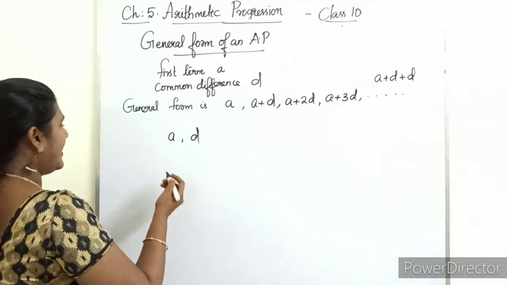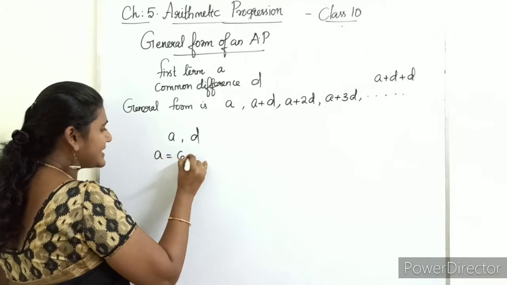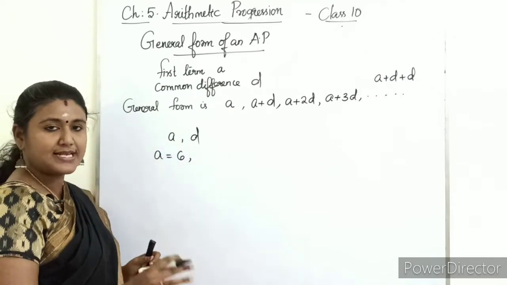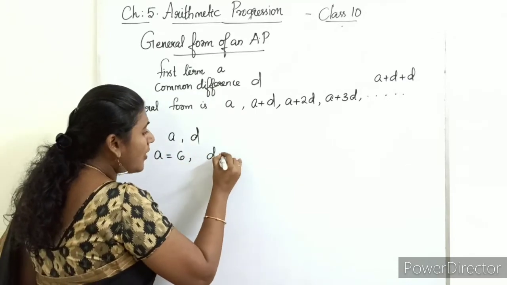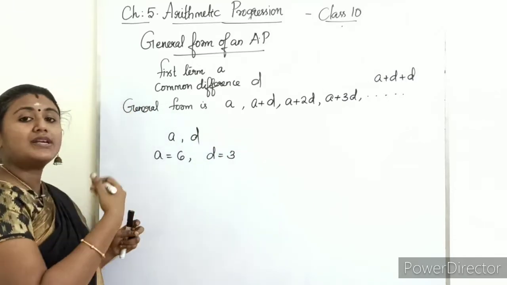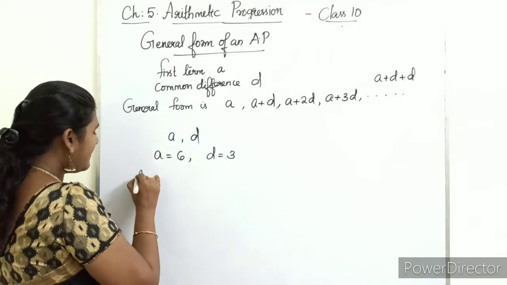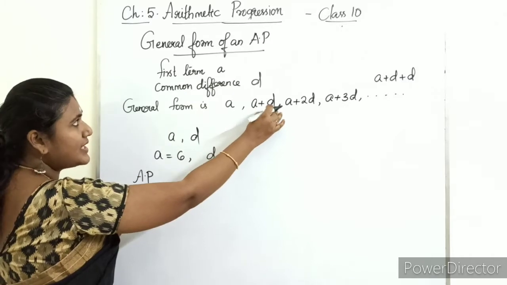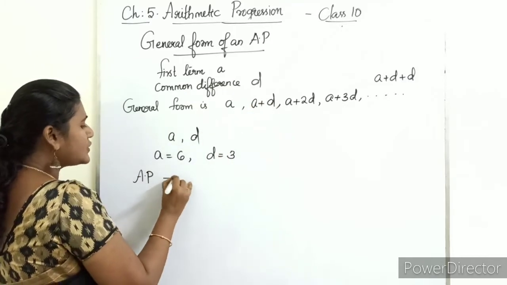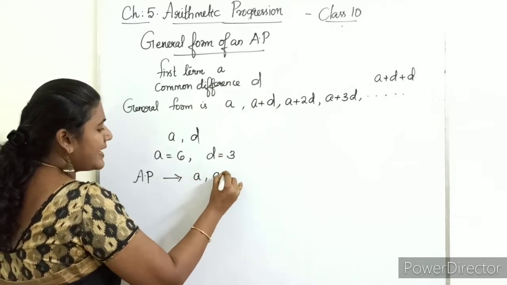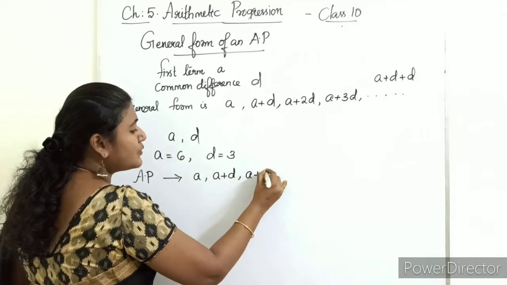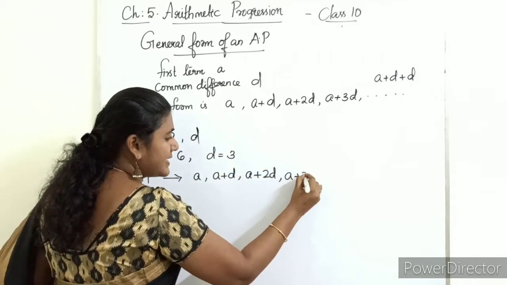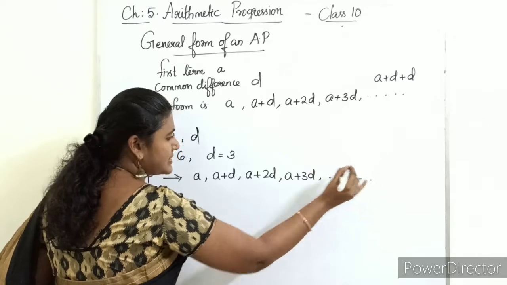For example, if I am taking A is equal to 6, that is the first term of an AP is given as 6 and the common difference is 3. Then what is the AP? This is actually the general form of an AP: A, A plus D, A plus 2D, A plus 3D, etc. We need to write 3 or 4 terms, that is enough.